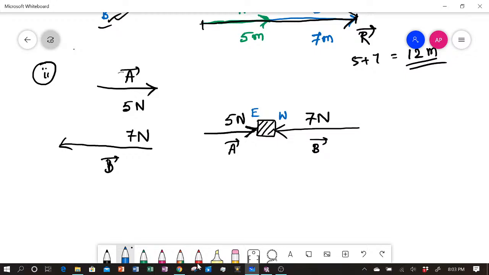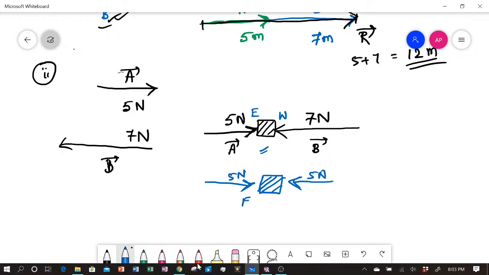First of all, if these forces were equal, then this body would not move, right? Because if this force was 5 Newton and this force was also 5 Newton, then this body would feel the same force along two opposite sides, right?